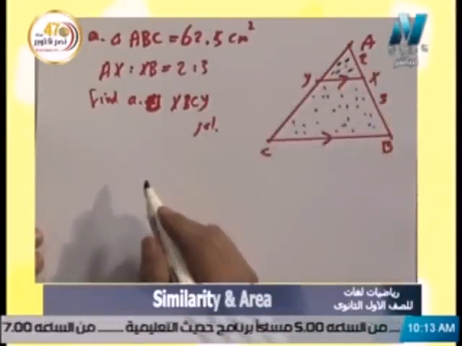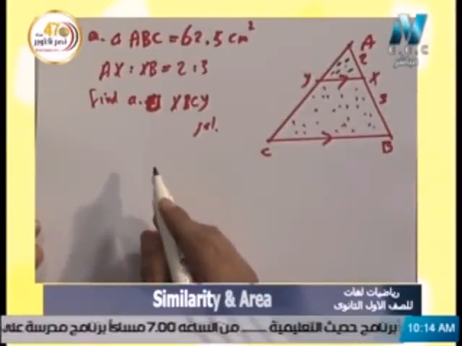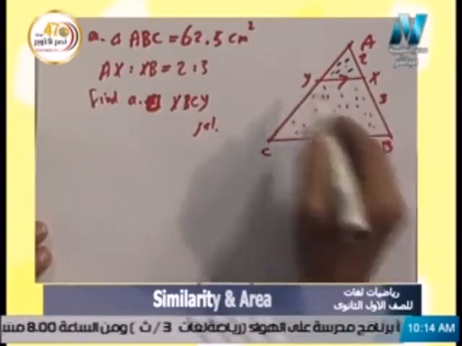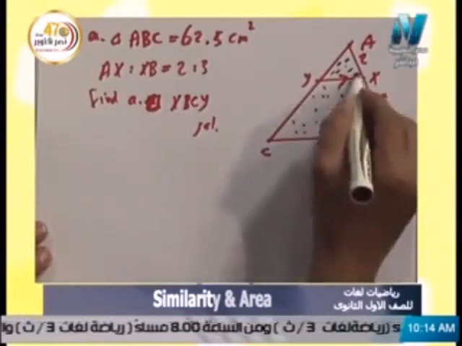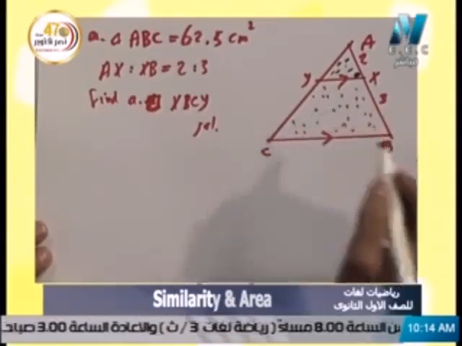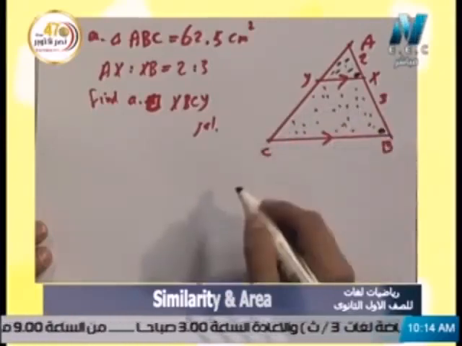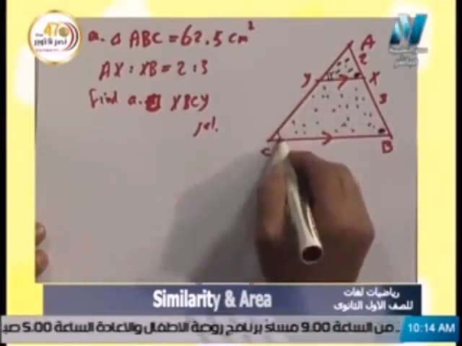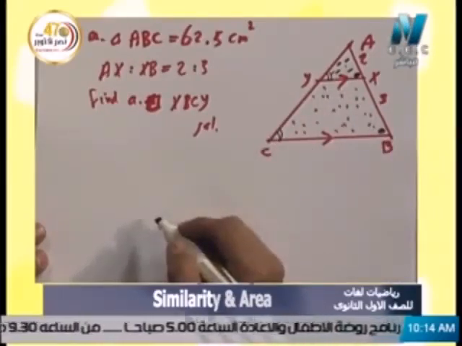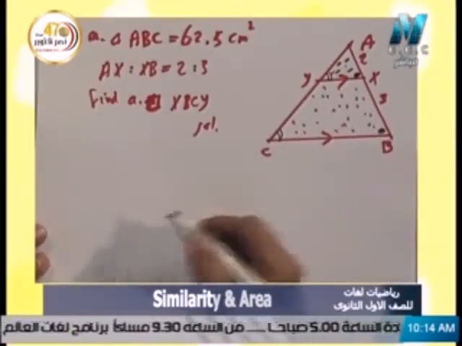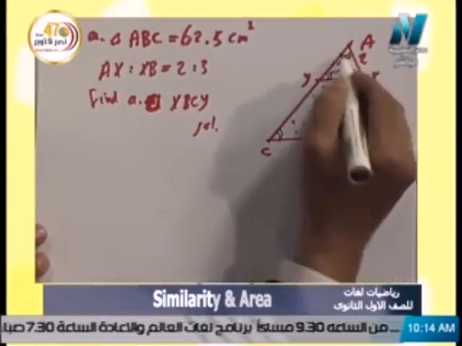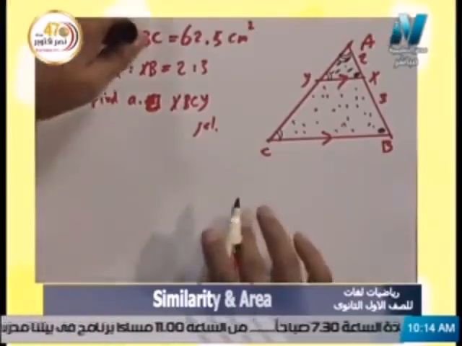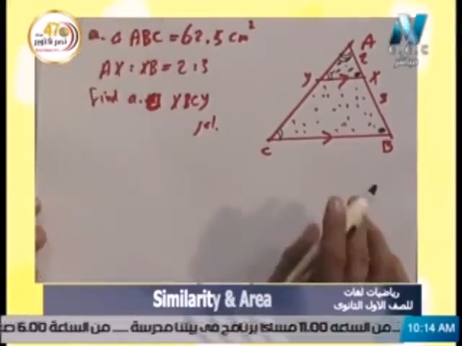If we try to prove the similarity, it will be easy for us because XY is parallel to BC, so we have measure angle AXY equal measure angle B, corresponding angles, and also measure angle AYX equals measure angle ACB, corresponding angles also. And we have the common angle A, and we need only two angles to prove the similarity.